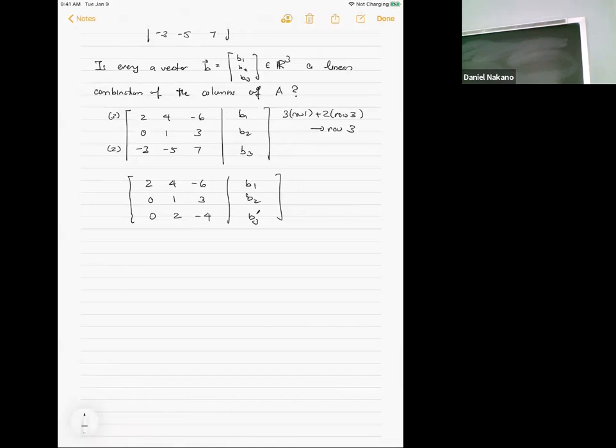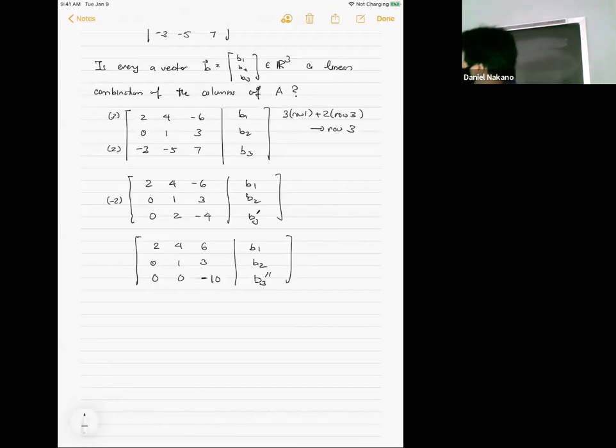Okay, we're going to do one more elimination, so we're going to make that 2. And then we do the same deal. So I get 0, and I get a 0 here. And then what do I get here? I get minus 6 minus 4 is minus 10, right? And I'll just call this B3 double prime. Again, it's some number.